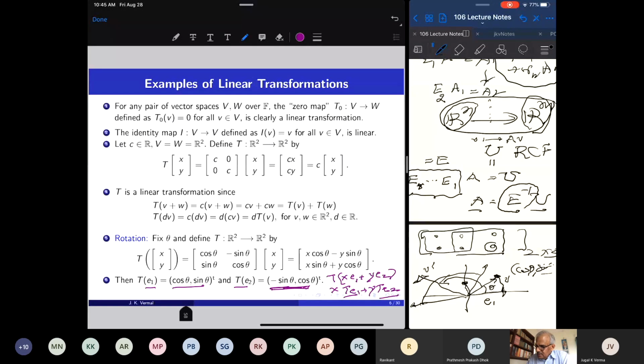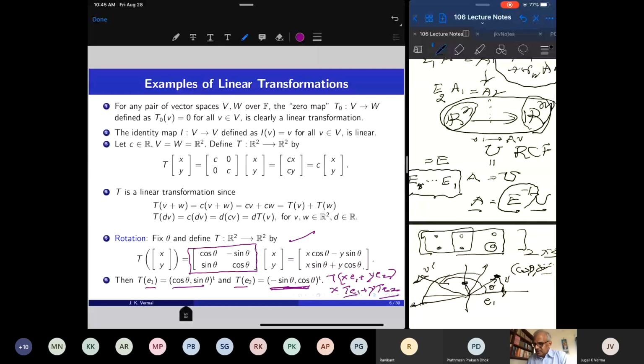You can check this formula. T of (x, y) is (x cos theta minus y sin theta, x sin theta plus y cos theta), and this is obtained by multiplying this matrix. This is called the matrix of this linear transformation.